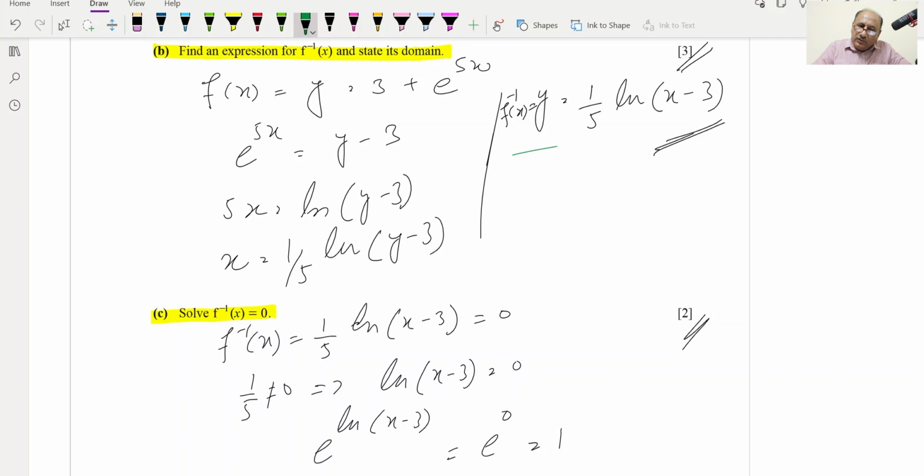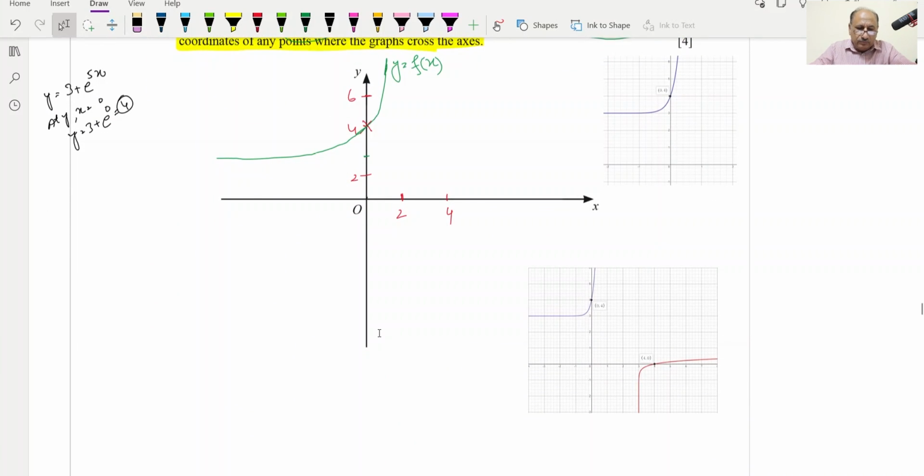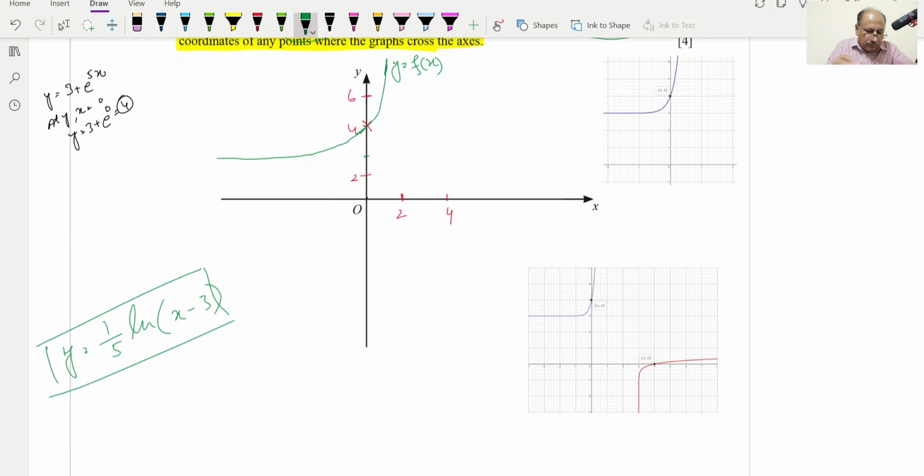So f inverse is equal to 1 by 5 log of x minus 3. That one we can also write here: y is equal to 1 by 5 log of x minus 3, and this equation we can sketch.